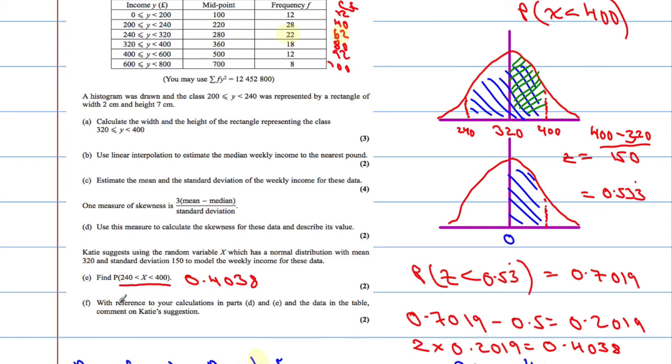Okay, now the next part is to work out, with reference to your calculations in part D and E and the data in the table, comment on Katie's suggestion.